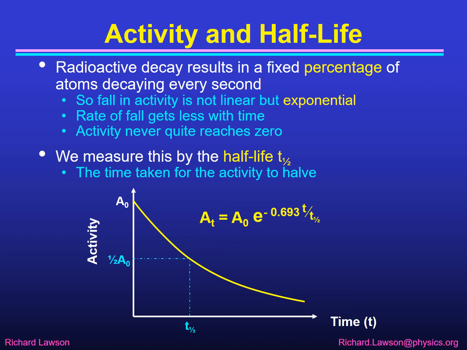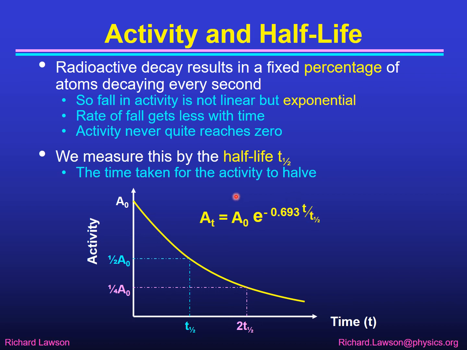In other words, when t is equal to T a half, here on the graph, the activity is a half A0. It has fallen to half of what it was. So that's what we mean by the half time. It's fallen from A0 to a half A0 in a time equal to T a half. And in fact, when t is equal to 2 T a half, here it's fallen to a quarter of A0.